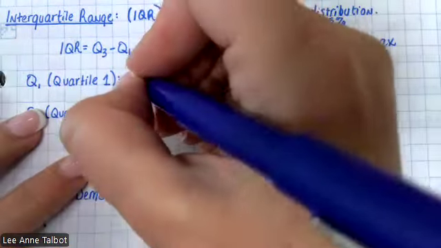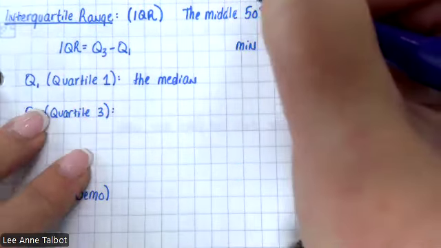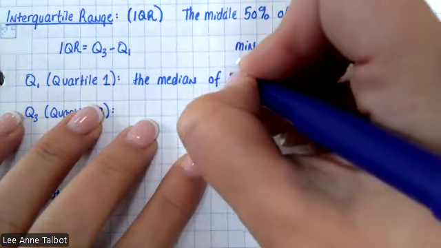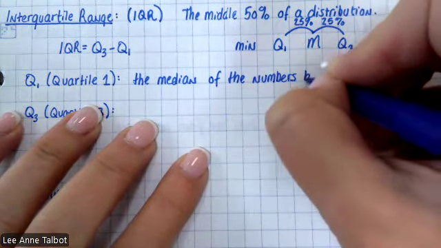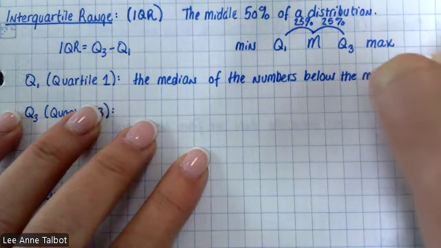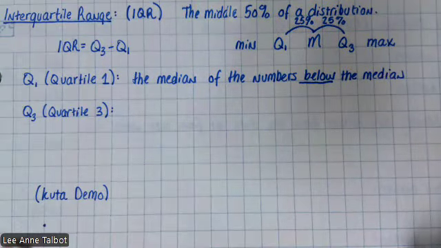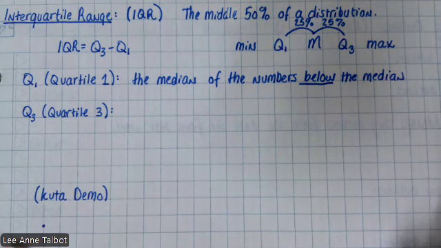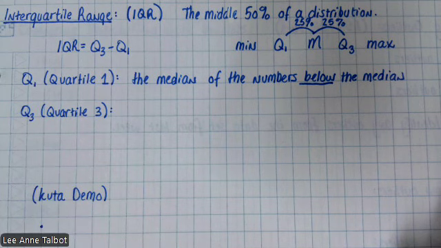Quartile 1 is the median, interestingly enough, of the numbers below the median. And specifically below, not below and including, fully below, underneath, not with the median, just completely below, less than, not less than or equal to.